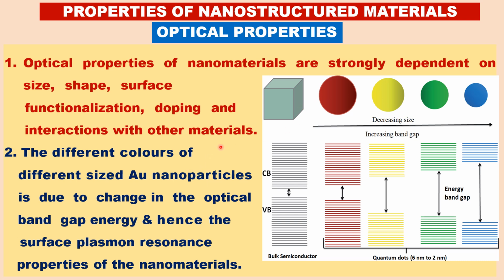For example, different sized gold nanoparticles are different colored. It is due to change in the optical band energy gap, and hence the surface plasmon resonance properties of the nanomaterials.